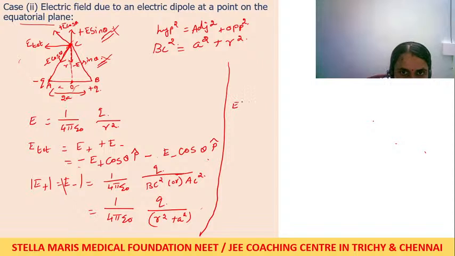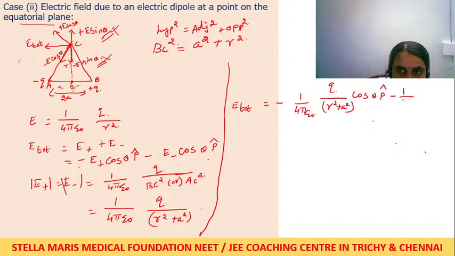So E total will be equal to minus 1 by 4 pi epsilon naught Q divided by R squared plus A squared into cos theta P cap, minus 1 by 4 pi epsilon naught Q divided by R squared plus A squared into cos theta P cap. Okay.